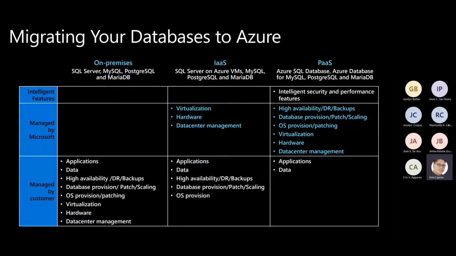So any configurations at the OS level, whether you want to do virtualization or hardware upgrades, or if you need to manage the entire data center. On premises, you are responsible to manage all of these.